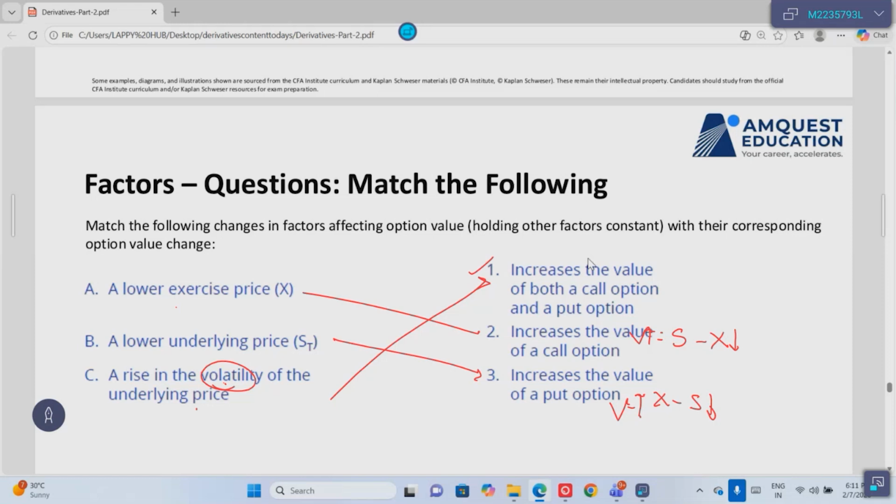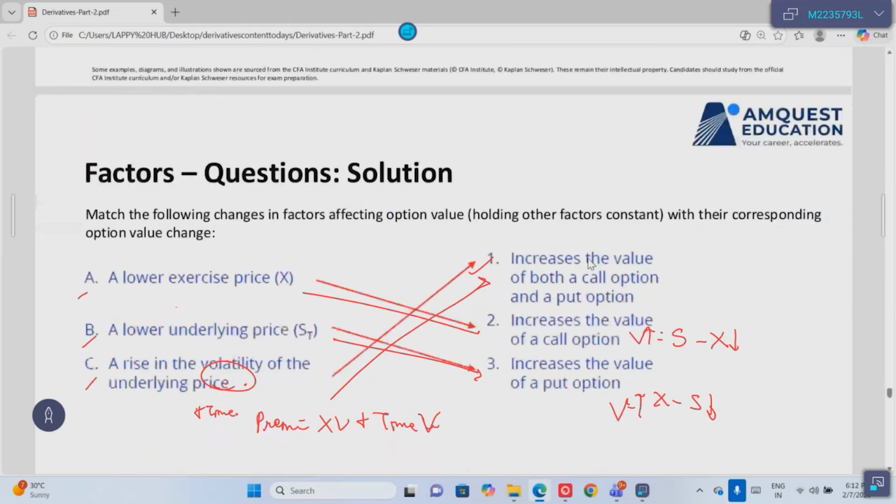Exercise value and what are the other values? Underlying stock. And what else? Premium. Premium is based on two factors, right? One is exercise value, which is this formula. Time to expiration. Correct, very good. Time value. So volatility and time to expiration, both together, okay? Both will increase it. Okay, good. That's the answer.